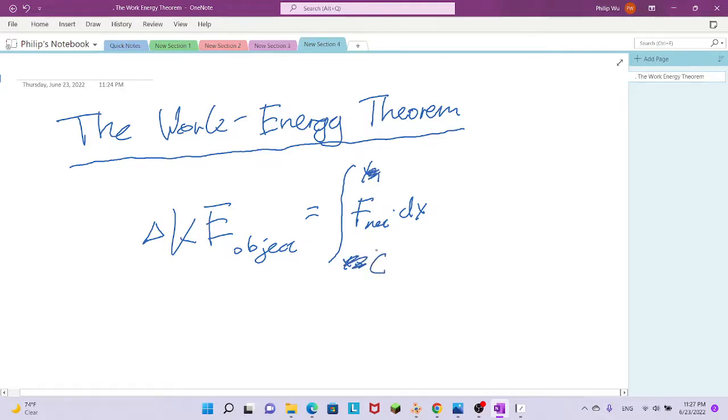If this net force is conservative, so if it's the gradient of some scalar value, then this is equivalent to the line integral of net force between two points.